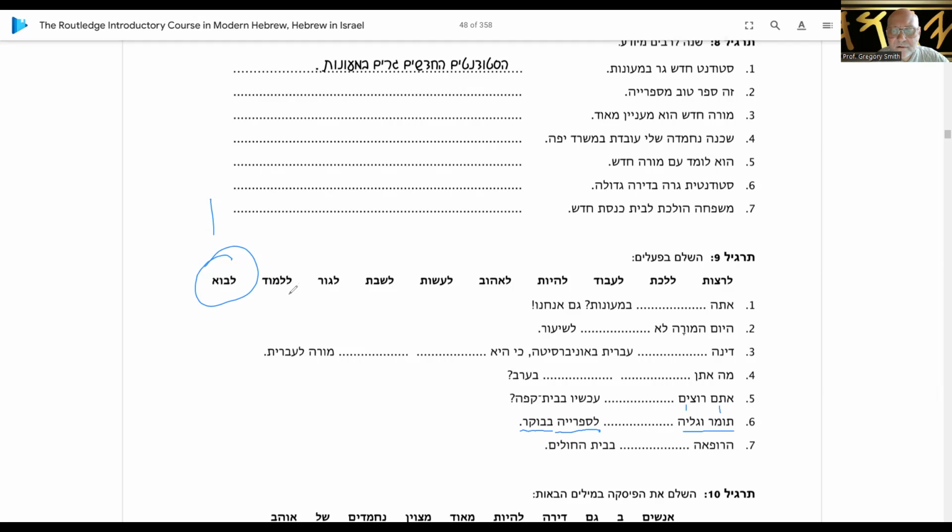Okay. We could say are studying. It's got to be a directional one here because it's using the lamed here for to. It's got to be a directional. How about this one?